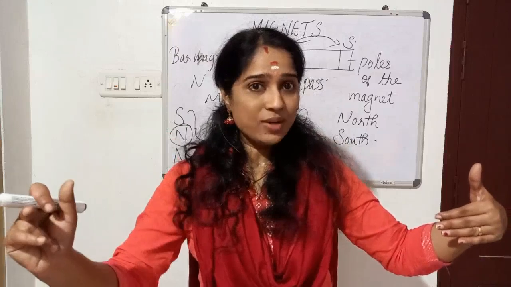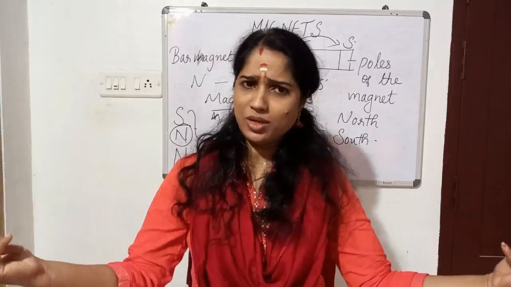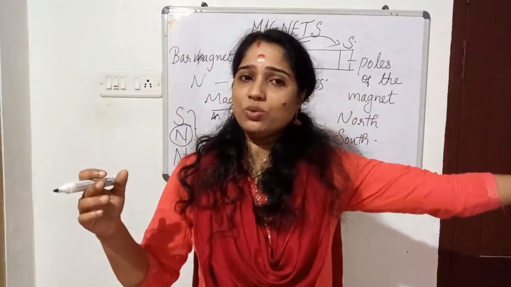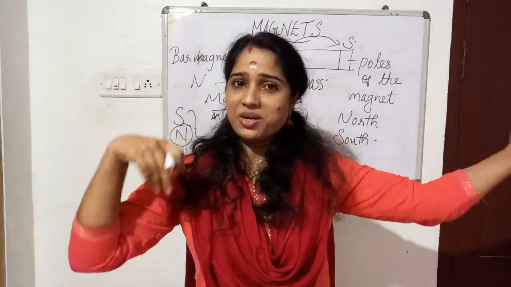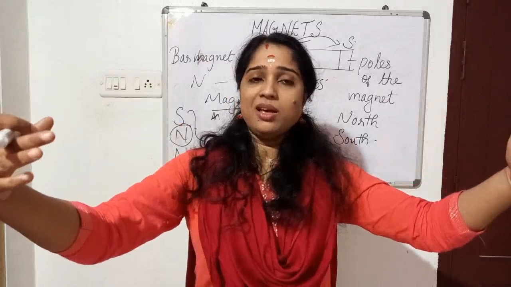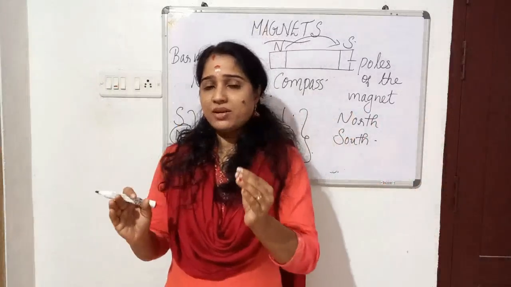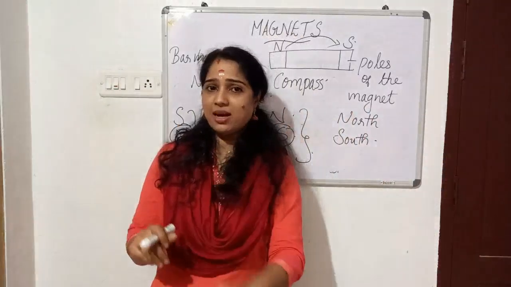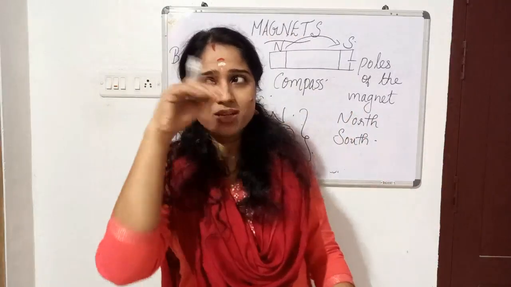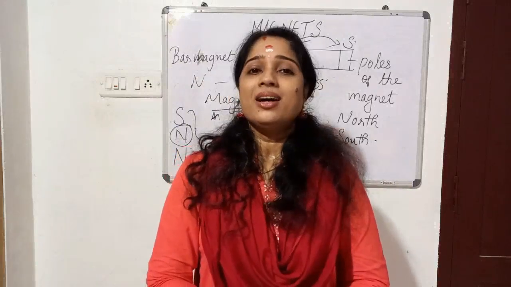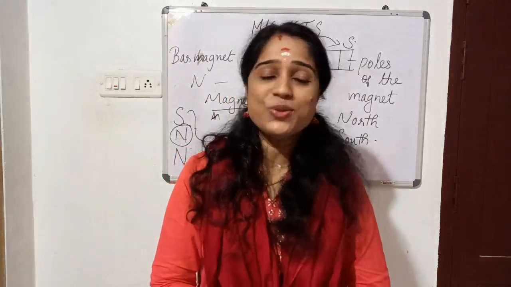Magnetic north actually is the geographical south. So when we hold the magnet, north is attracted towards the south, and south is attracted towards the north. So the north part of the magnet points towards the northern area, and the south part of the magnet points towards the southern area. Clear? Okay, children.